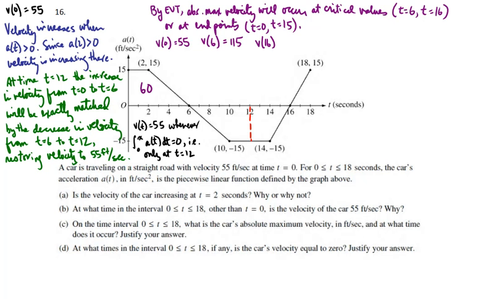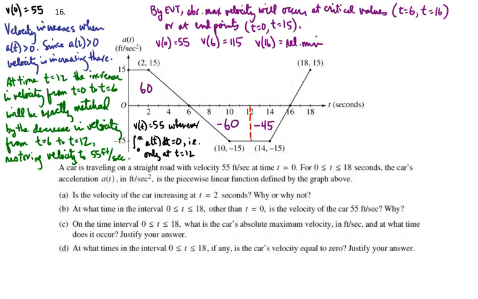As I said before, v of 16 is really a relative minimum because the derivative of velocity, acceleration, changes from negative to positive. And I can calculate that if I wanted to, but the absolute max can't occur there. Well, if I wanted to calculate it, I have a negative 60 from 6 to 12, and then from 12 to 16 I have a negative 45.